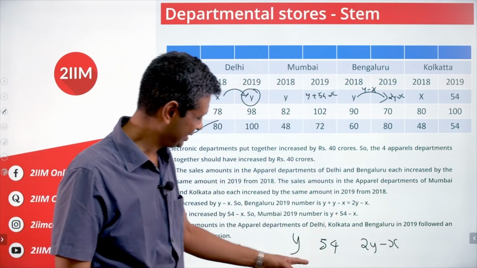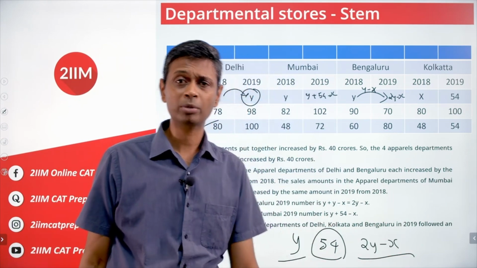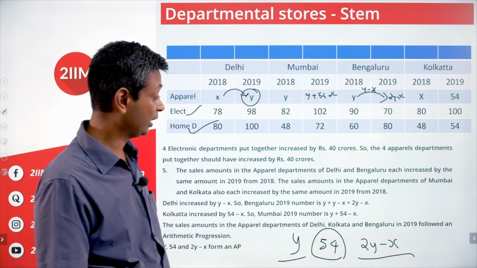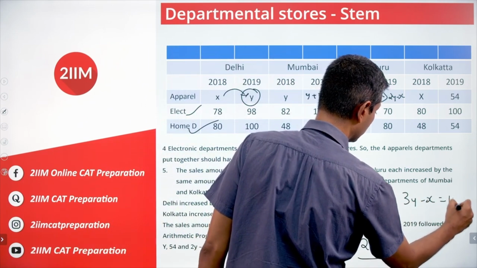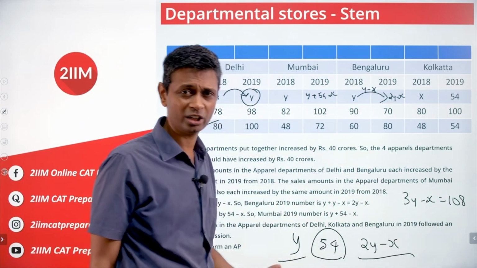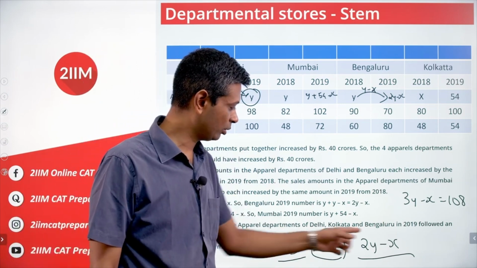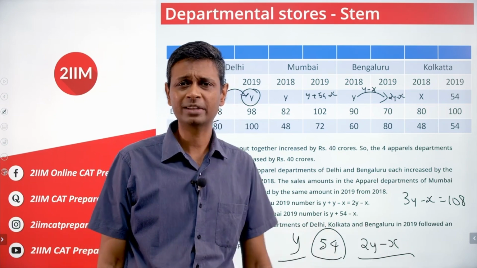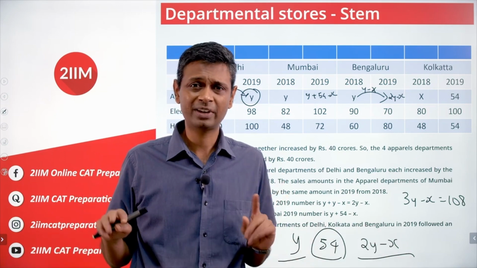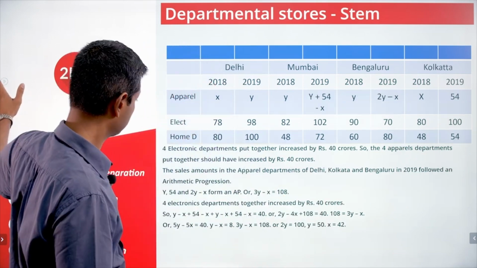Or this plus this is 2 times this. Or Y plus 2Y minus X is 108. Or this gives us 3Y minus X equals 108. In an arithmetic progression, the two extreme terms add up to twice the middle term. 2 times 54 is the sum of these two. 3Y minus X is 108. Brilliant. We have one more thing linking X and Y. We are through.